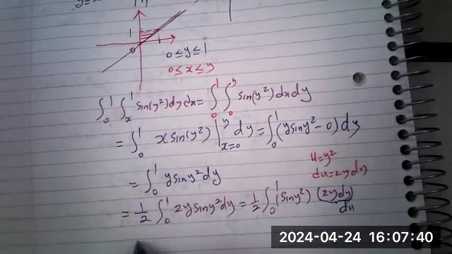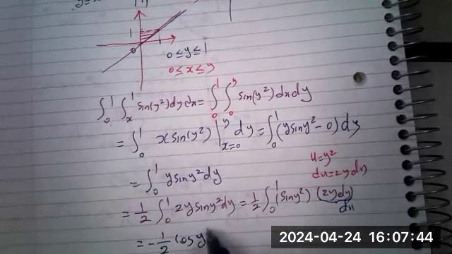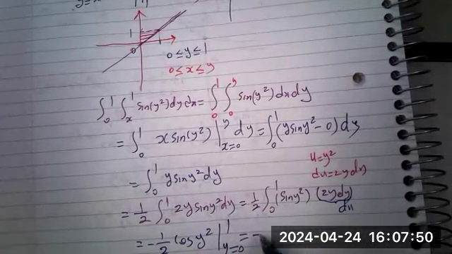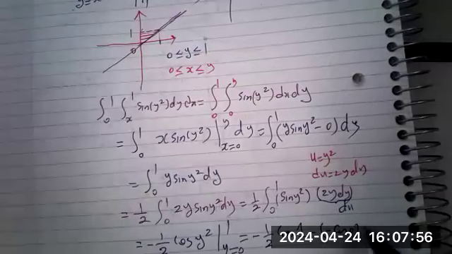So the integral of sine would be negative cosine. So negative cosine of y squared, but y going from 0 to 1. If you substitute 1, negative 1/2 cosine of 1 minus negative cosine of 0. Cosine of 0 is 1.